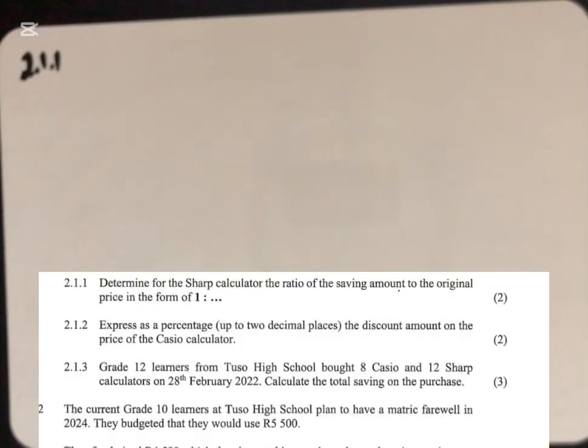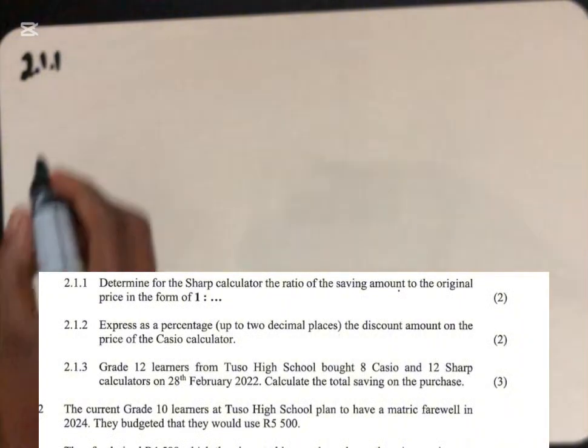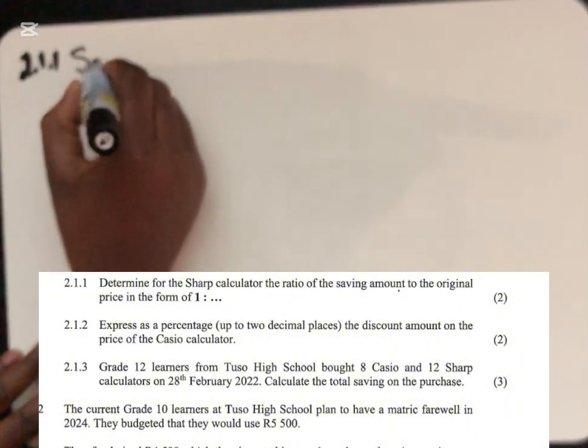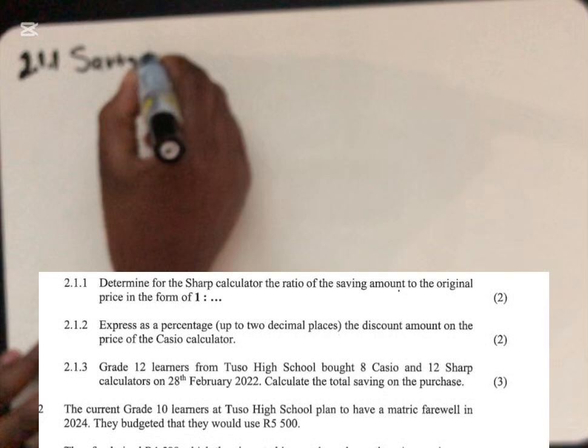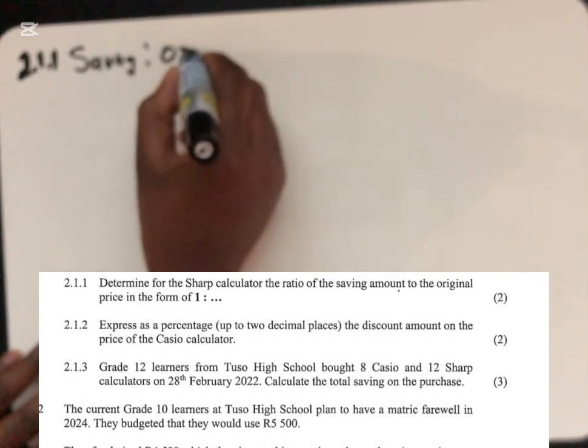The first question. Determine for the Sharp calculator the ratio of a saving amount to the original price in the form of 1 is to something. The ratio of a saving amount to the original: saving is to original.